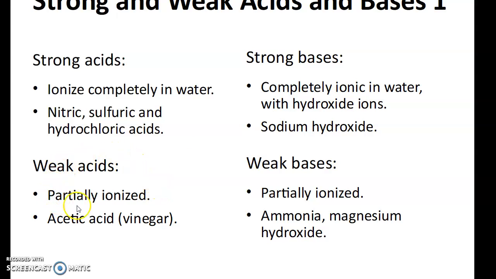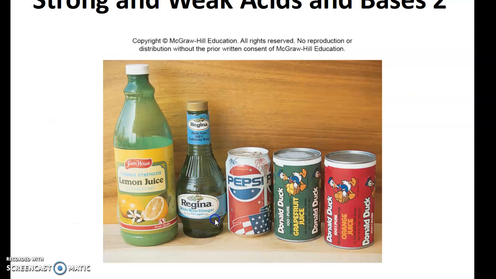Weak acids are partially ionized. One example is acetic acid, which is vinegar. Weak bases are partially ionized. This would be ammonia, magnesium hydroxide, ones like that. Just giving you some examples: Pepsi and Coke have quite a bit of acid in them. That's phosphoric acid, by the way.